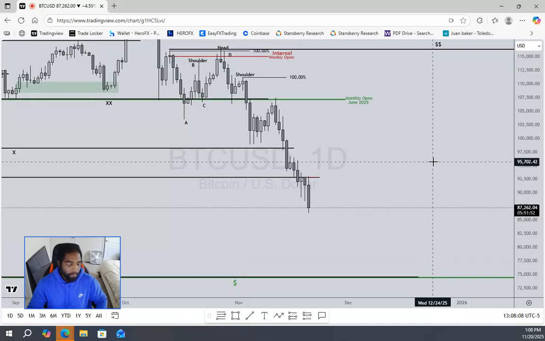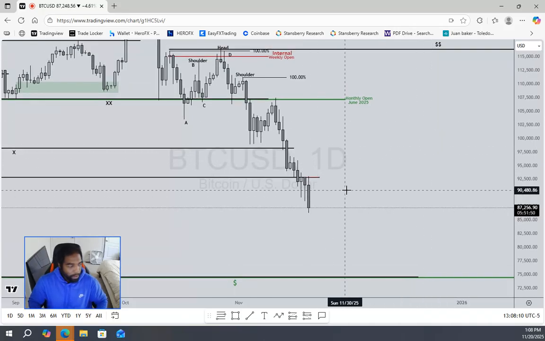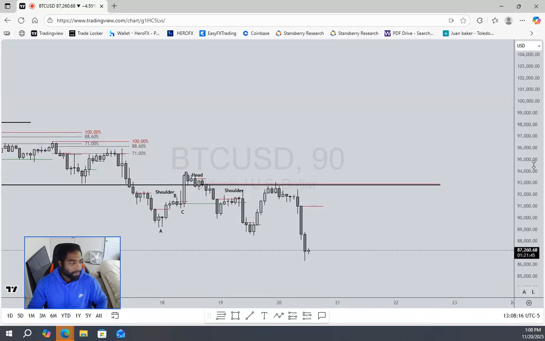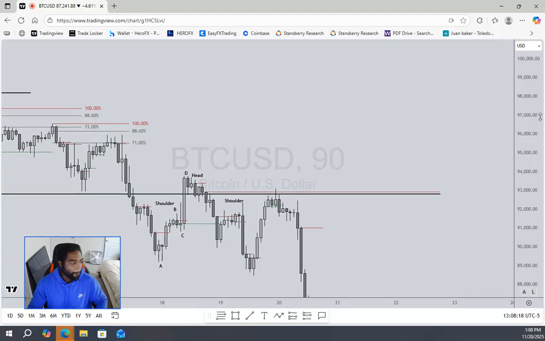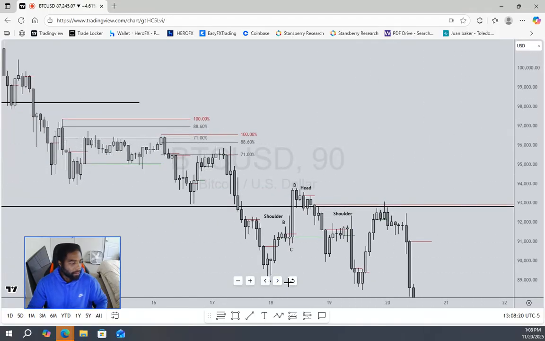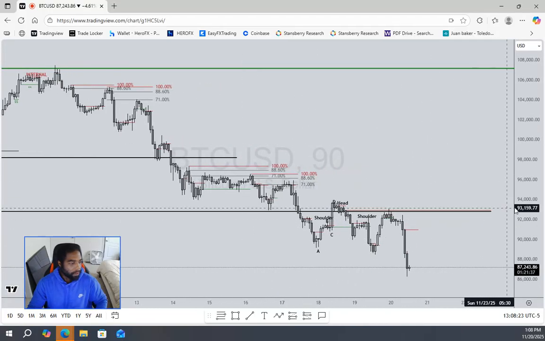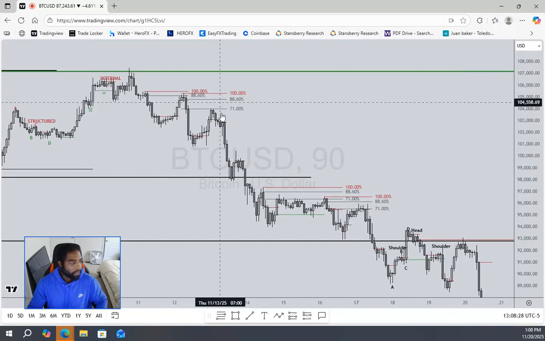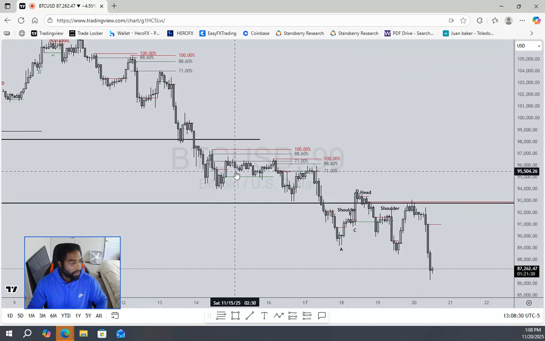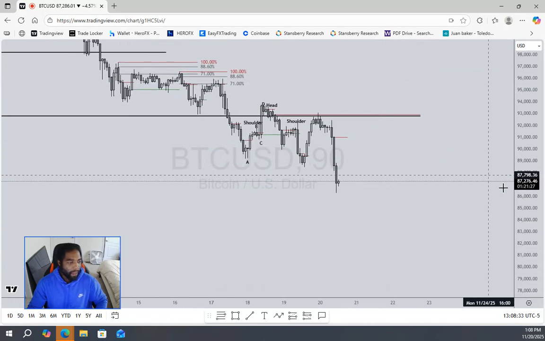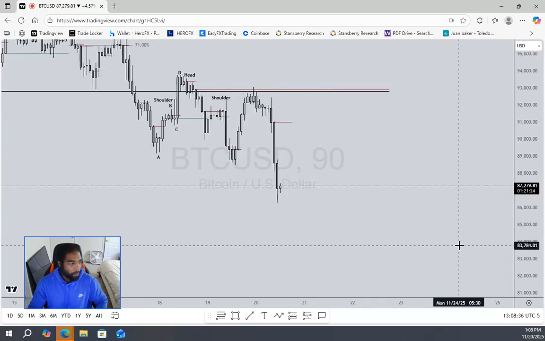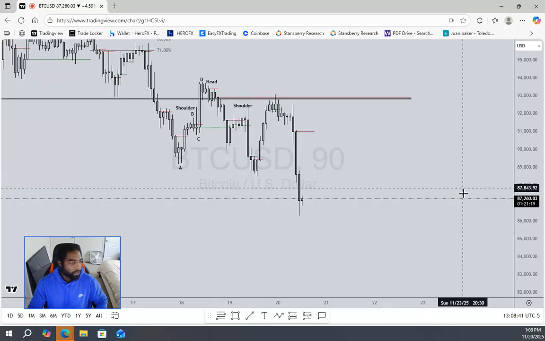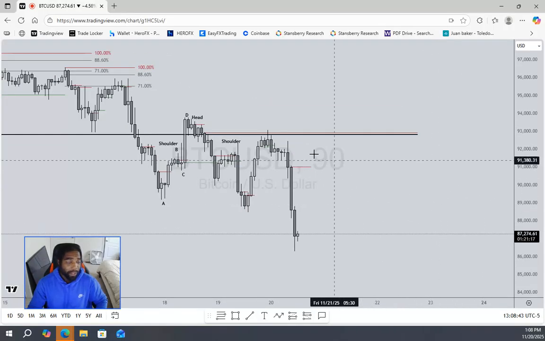So this is what's going on the daily. And then you know how I am, handy dandy 90 minute. This beautiful price action. It is beautiful price action, over and over again. We read these candles over here. But look, same thing transpired here on the 90 minute, just like on the daily.